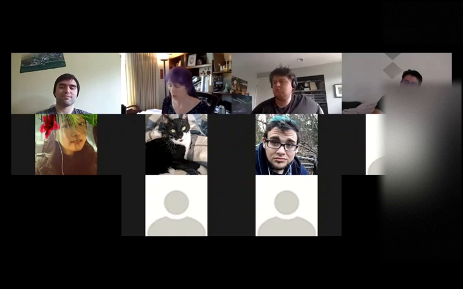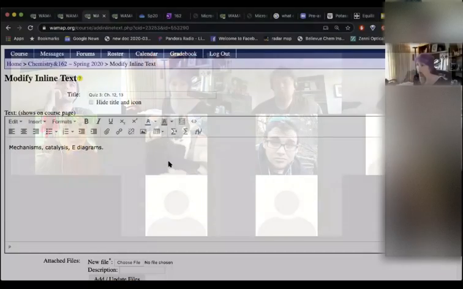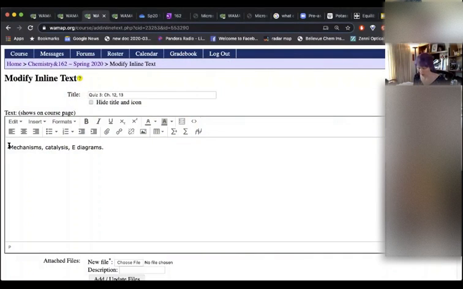So this is chapter 12 and 13, the start of that. We have mechanisms and catalysis and energy diagrams from chapter 12. And then chapter 13, probably not as much.